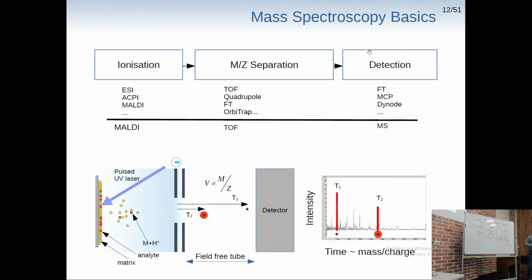So, how can we separate our masses and charges to get this nice graph? There are different ways to do this: so-called quadrupole mass spectrometers, ion trap mass spectrometers, Fourier transform ion cyclotron mass spectrometers, whatever.